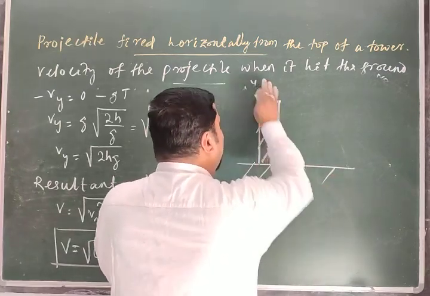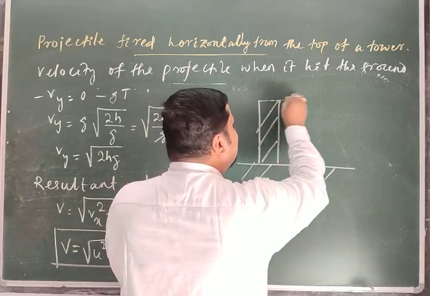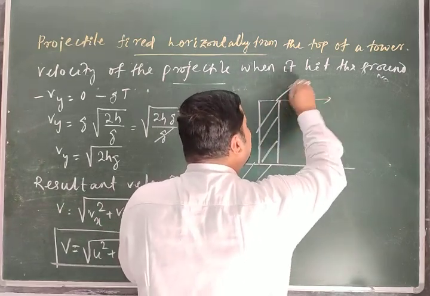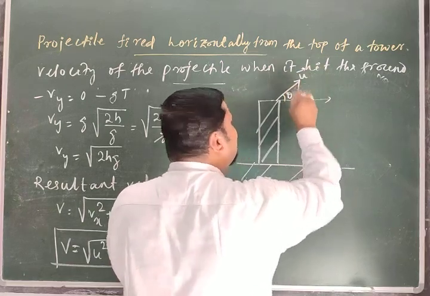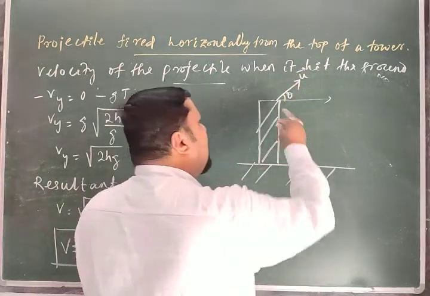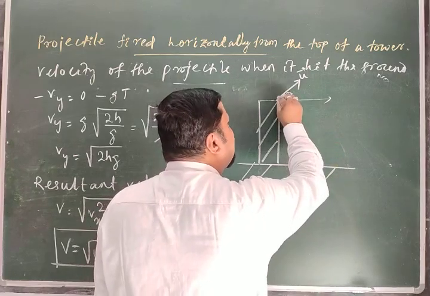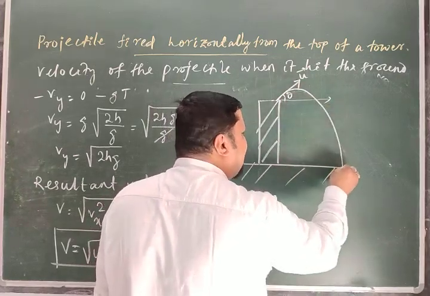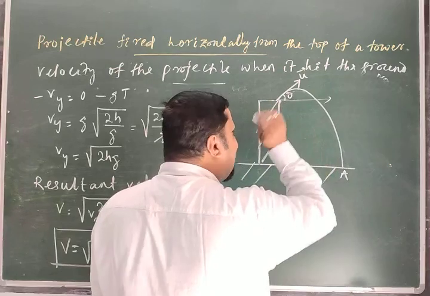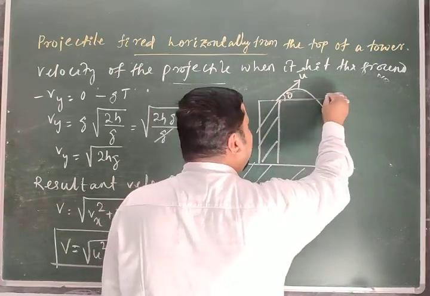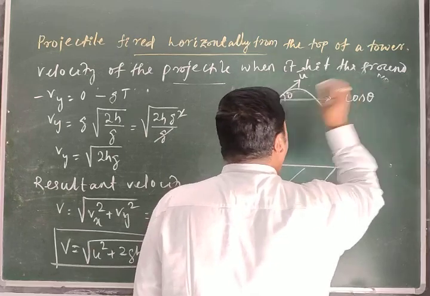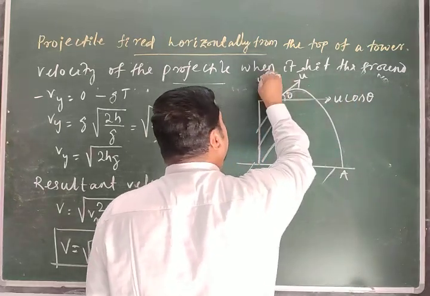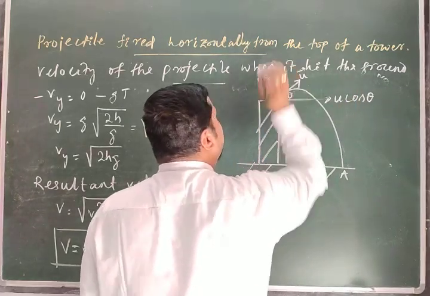This is the top of the tower, and this is your horizontal. If the projectile is projected with u at an angle theta with the horizontal, it will go like this and hit the point A. You take u cos theta horizontally and u sin theta as the vertical component.